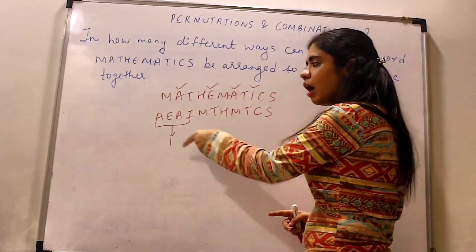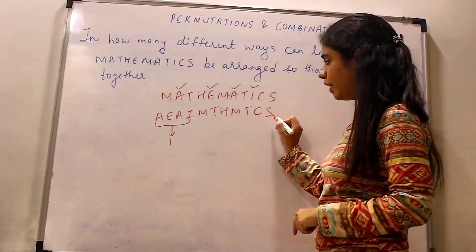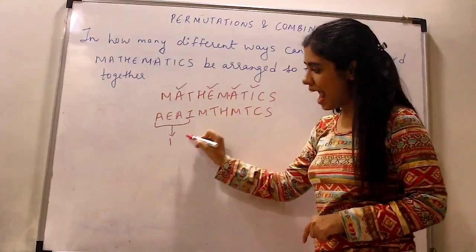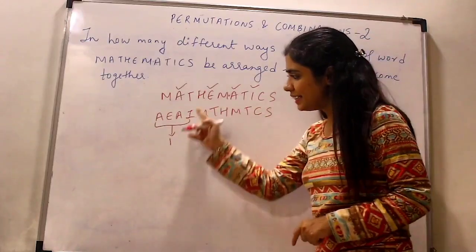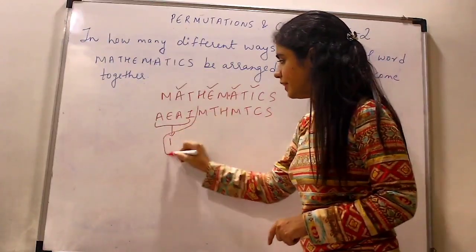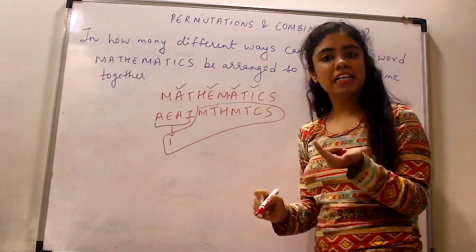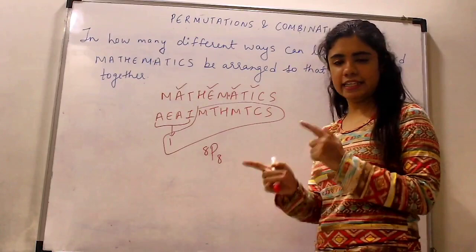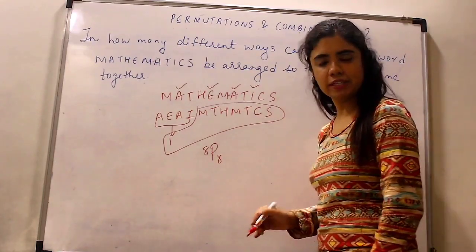Okay? Now how many letters do I have? I have 1, 2, 3, 4, 5, 6, 7 and 8. So 8 letters can be arranged in 8p8 ways.